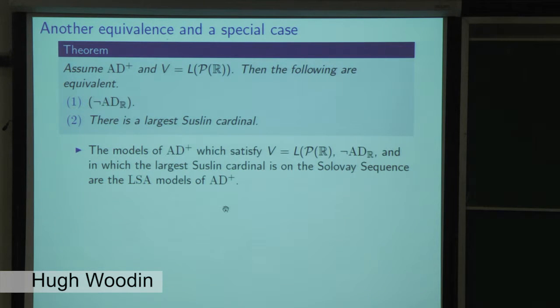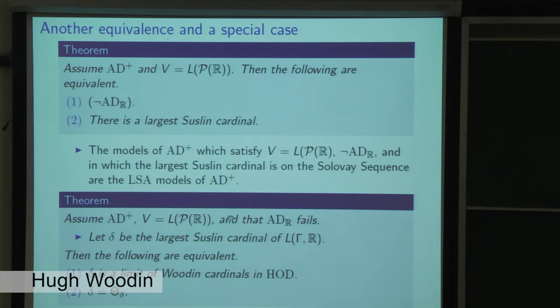So the models of AD plus not ADR, in which the largest Suslin cardinal is on the Solovay sequence, are called the LSA models of AD plus, and they've been extensively studied by Grigor, who's done all kinds of stuff with them. So this is not really a special case of the theta alpha conjecture, but it's related. And it's an example where the AD plus theory just gives you enough of a handle so that you can prove something you would expect to be true.